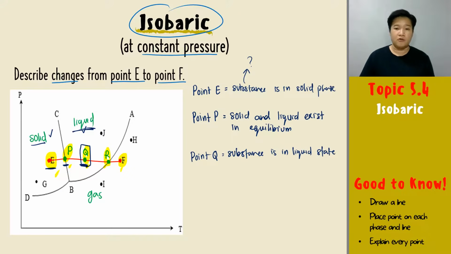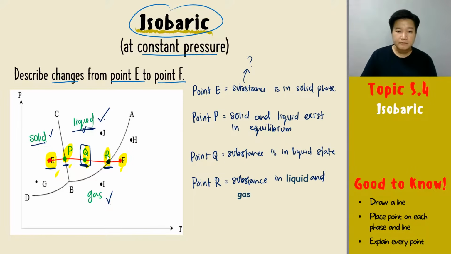Simple. Okay? Moving to the next point, you have your point R. So your point R over here is between your liquid and your gas. This is the point where you are sitting in between liquid and gas. So just say in the point R, substance in liquid and gas exists in equilibrium. That's it.